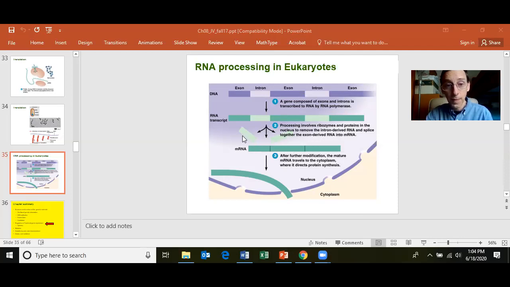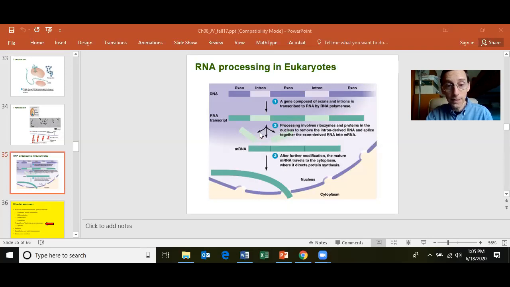In fact, an RNA transcript made in a eukaryote will not leave the nucleus. These introns in the RNA transcript prevent the RNA from leaving the nucleus. It's not until the introns are removed that the final RNA transcript, which we'll call a messenger RNA, leaves the nucleus to go out and be translated as a protein.